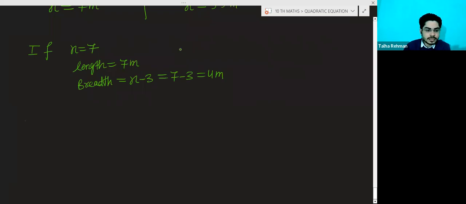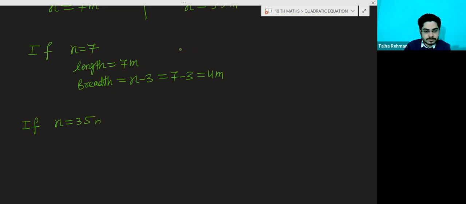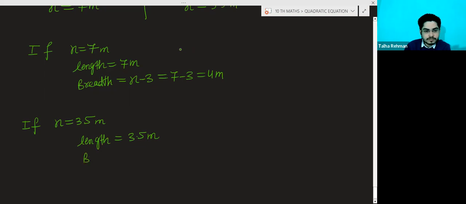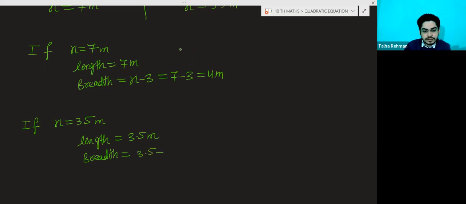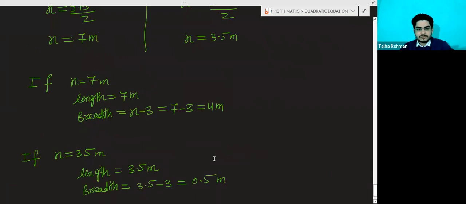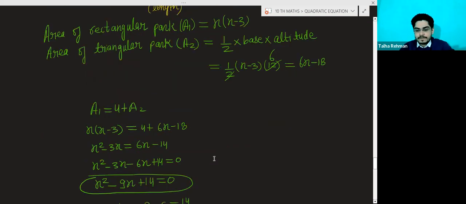If you are taking x is equal to 3.5 meter, then length will be 3.5 meter and breadth will be 3.5 minus 3 is equal to 0.5 meter. Okay, 0.5 meter. Okay, Azaan? Understood?